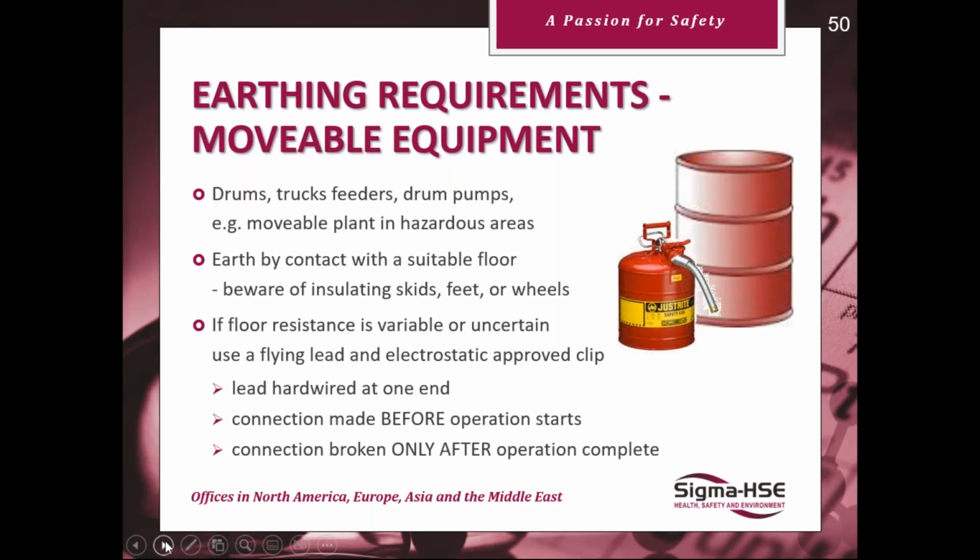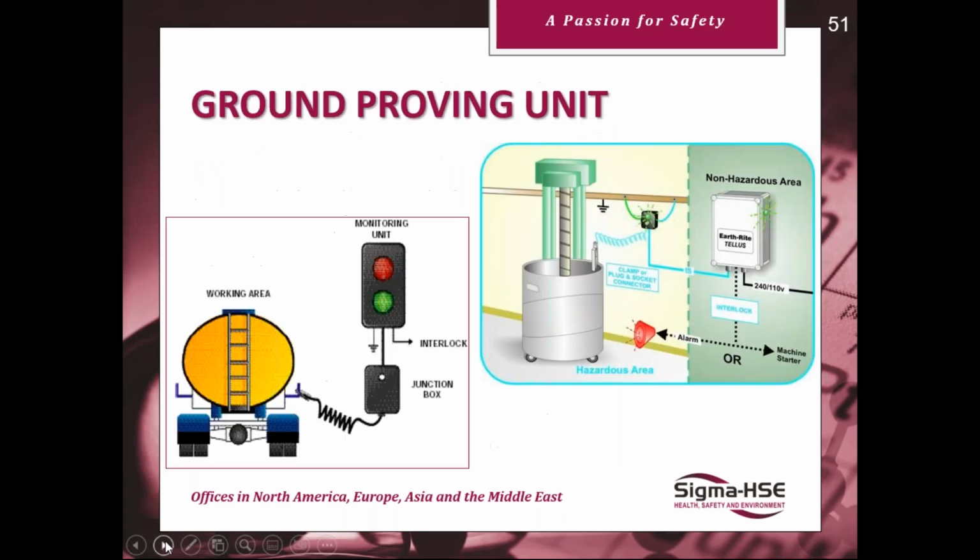If the floor resistance is variable or uncertain, then you can use flying leads. This has got to be hardwired at one end, connected up before the operation starts, and broken only after the operation is complete. Here's a diagram showing an earth proving unit, which if you're unloading a tanker, for instance, is the type of system you would have in place.